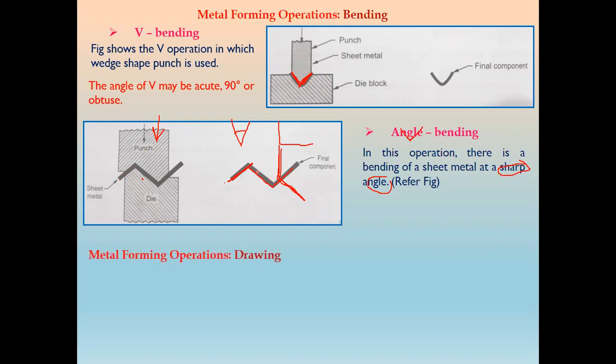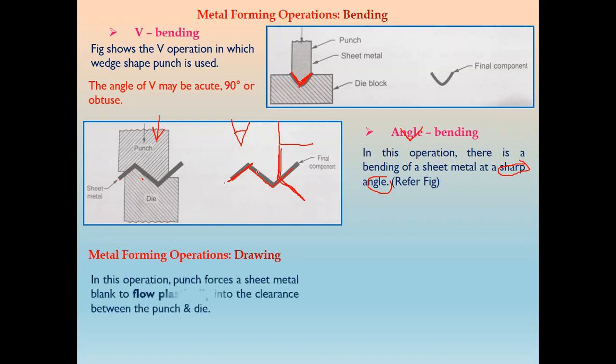So these are the bending operations in which we have seen U bending, V bending, and angle bending. Now the second type of metal forming operation is the drawing operation. In this operation, the punch forces a sheet metal blank to flow plastically through the clearance between the die and punch.